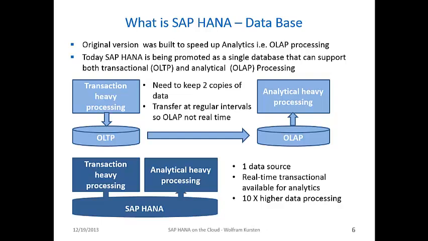What SAP HANA facilitates is the ability to have just one database, and therefore only one copy of the data. Transactional and analytics processing is essentially real time because you don't have to do a copy at regular intervals, as well as, of course, the high-speed processing of such an efficient in-memory database facilitating very quick turnaround of transaction reads and writes.